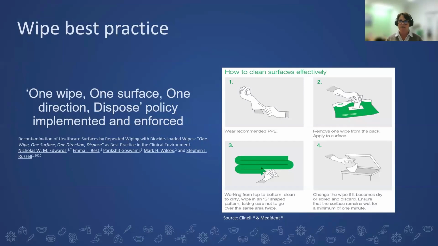What they found is that despite initially high removal efficiencies, in fact greater than 70% during the initial wiping, all the healthcare surfaces were recontaminated with E. coli, Staph aureus, and Enterococcus faecalis when wiped more than once using the same wipe. So recontamination does occur regardless of the fibre composition of the wipe or the presence of a disinfectant.